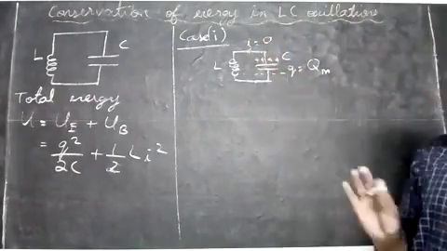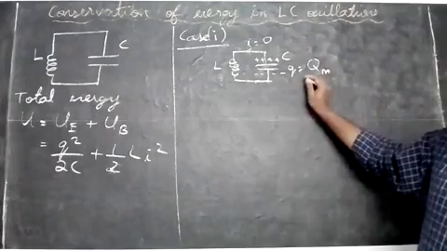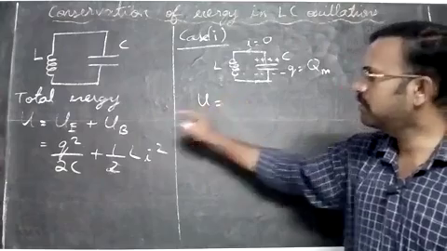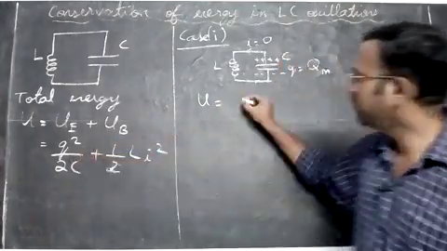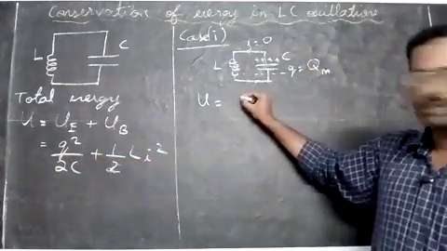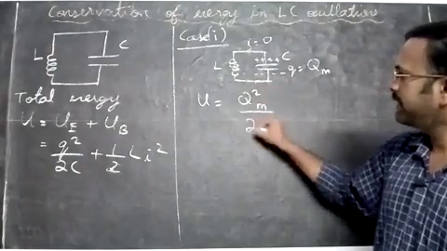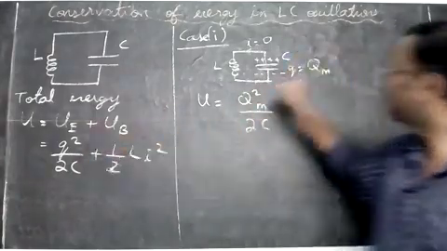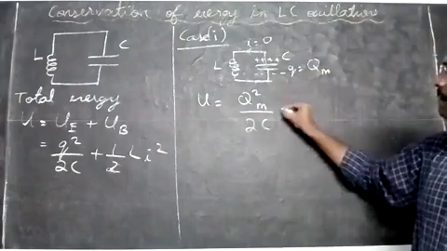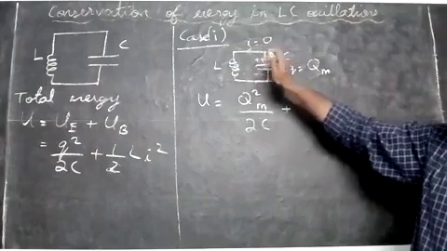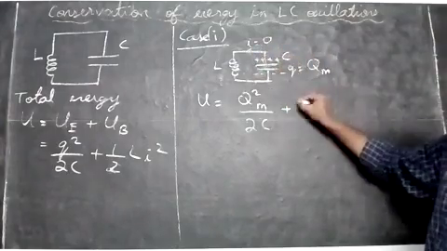So in this case, what happens? All the energy is stored only in the electric field. So the energy U is equal to the full energy in the electric field, that is QM square by 2C. Instead of Q, you write QM, divided by 2C, plus there is no magnetic field produced here, because the capacitor is only charged, so the magnetic field is 0.